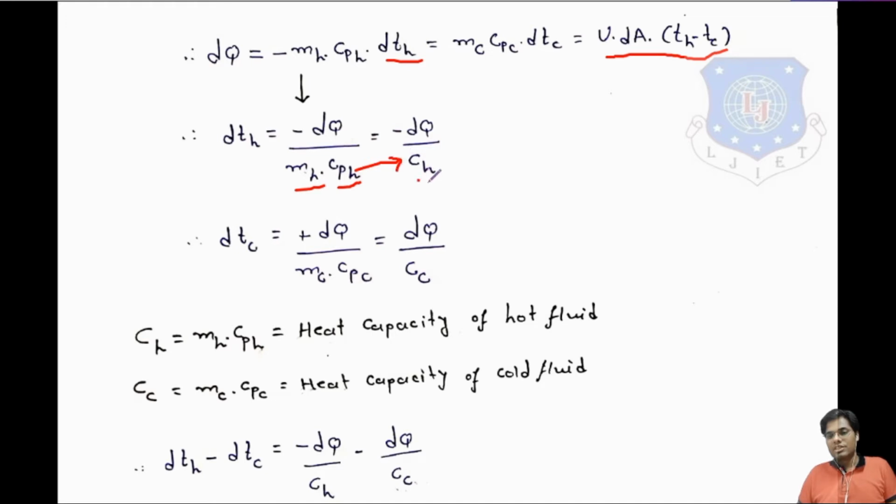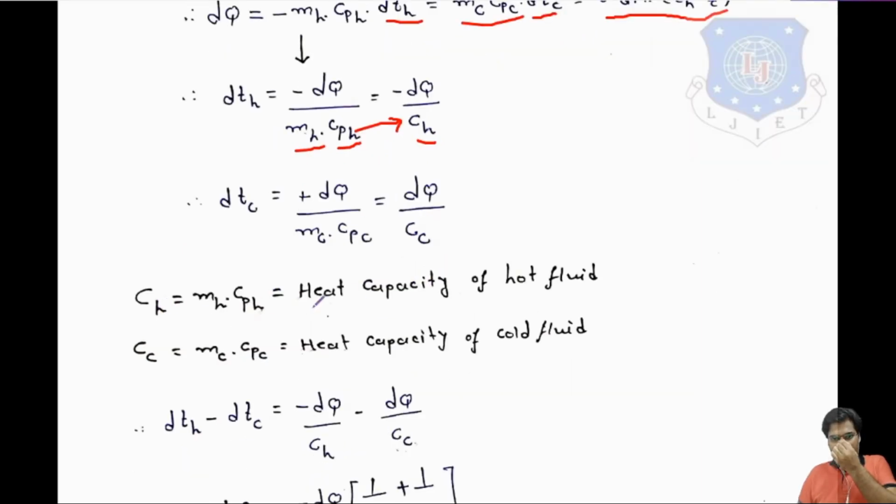This CH is known as the heat capacity of hot fluid. Similarly, dTC equals dq divided by mC CpC, which equals dq by CC. CC is the heat capacity of cold fluid. CH is the heat capacity of hot fluid and CC is the heat capacity of cold fluid.